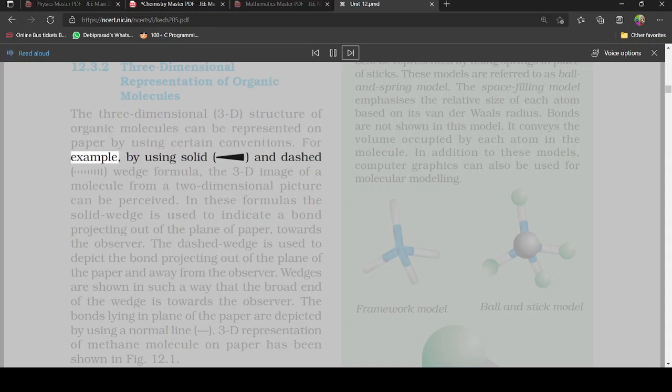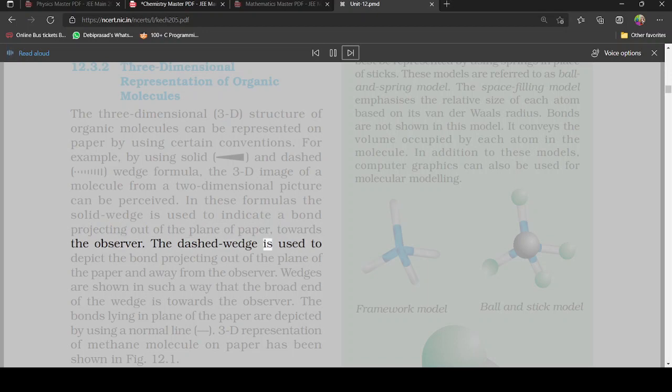For example, by using solid and dashed wedge formulas, the 3-D image of a molecule from a two-dimensional picture can be perceived. In these formulas, the solid wedge is used to indicate a bond projecting out of the plane of the paper towards the observer.